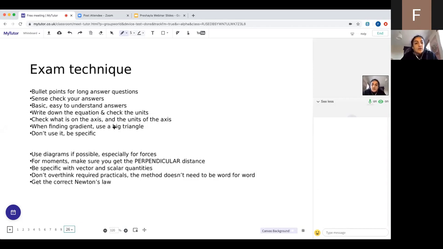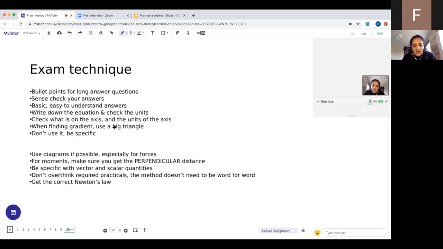You're going to go back to the speeds that you've learned and know that the speed of a runner is roughly 3 meters per second. A really fast runner might get up to 5 meters per second. And that is what we call sense checking. So if you're getting an answer out that is like 200 meters per second, you know that's wrong, right?